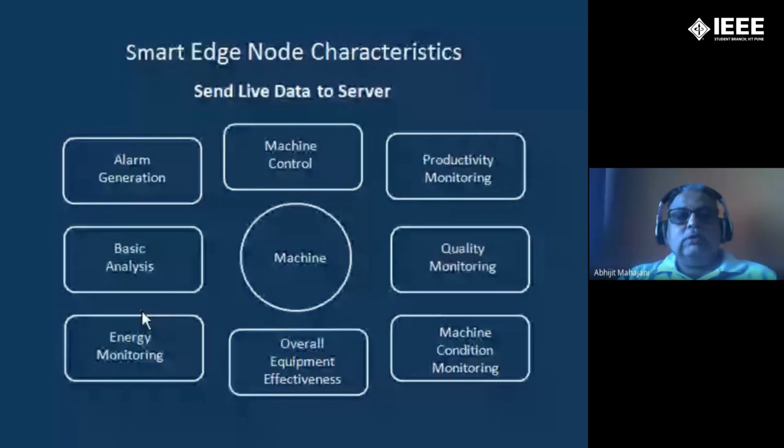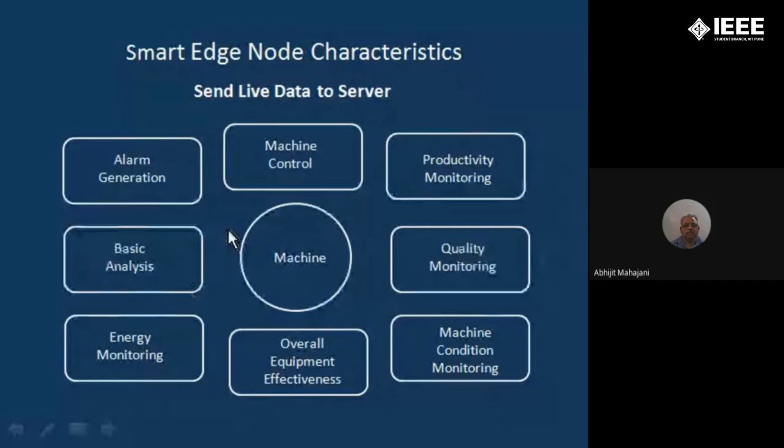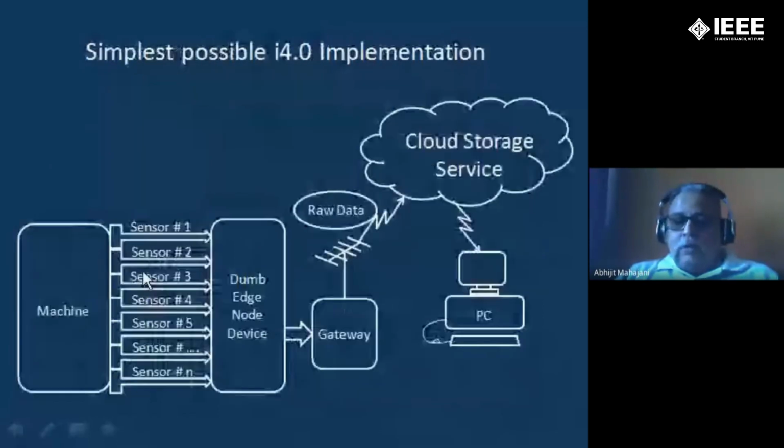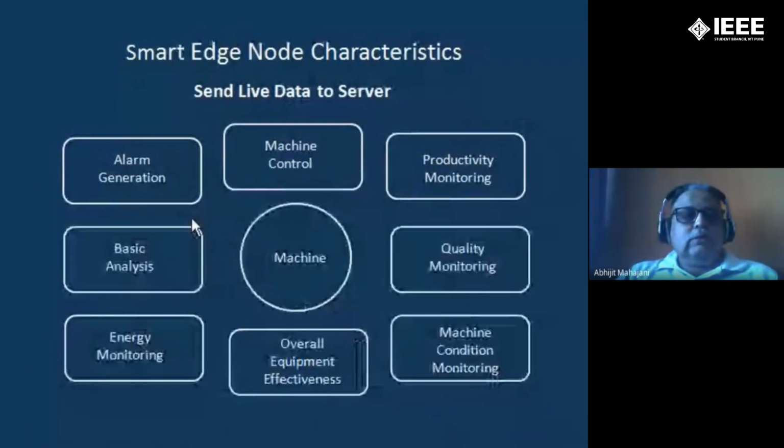And there is the cost of transmission, all that is involved. So people say that your smart edge node should have some basic analytics, and it will convert the data into information. And if needed, only then the raw data would be sent to your server or cloud, and otherwise nothing would be sent. Things are okay, so you don't need to send anything.